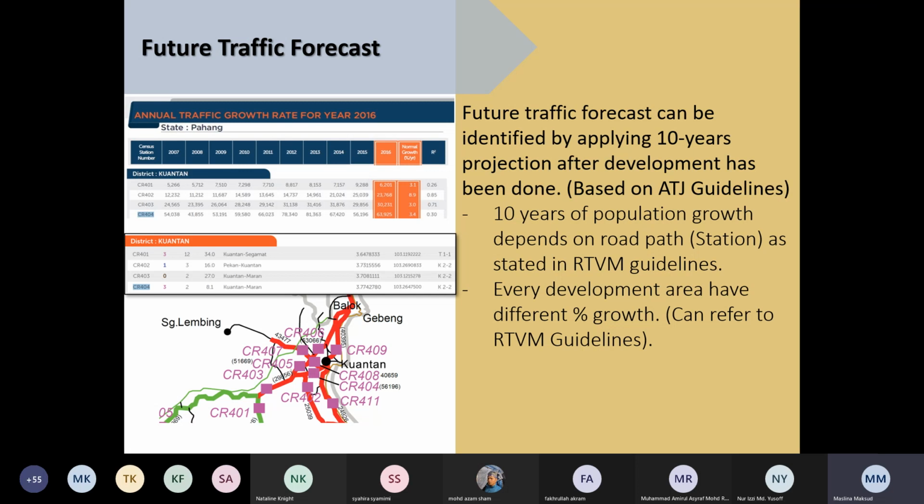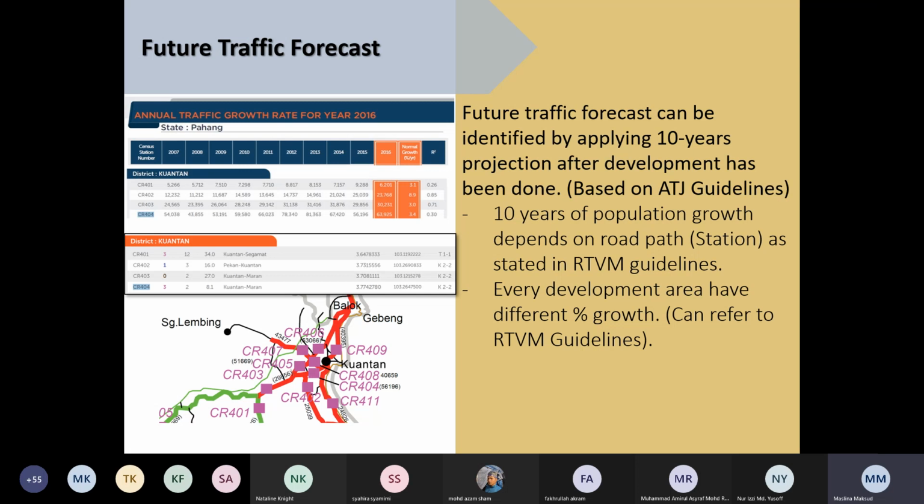Every development has a different percentage of growth. So this one we can refer to the RTBM guidelines, but these guidelines have different statistics each year, so they always update their guidelines. You need to refer to the updated one.